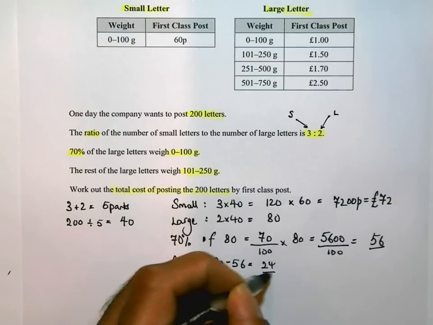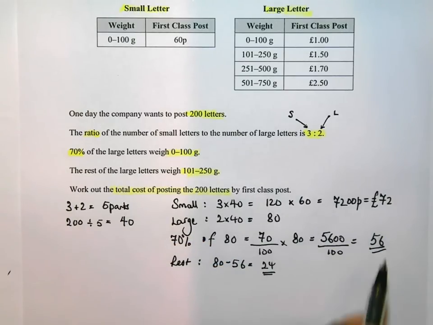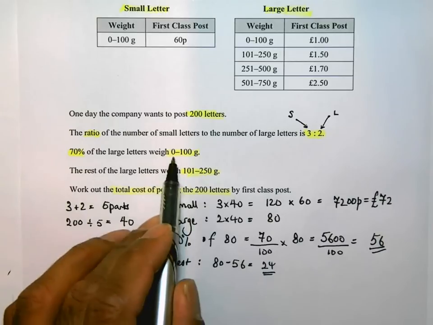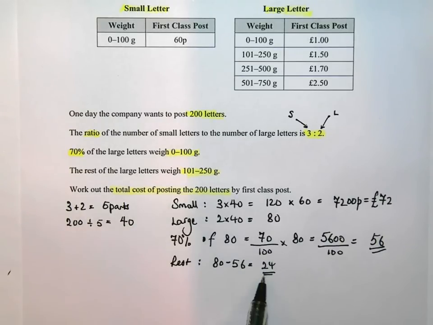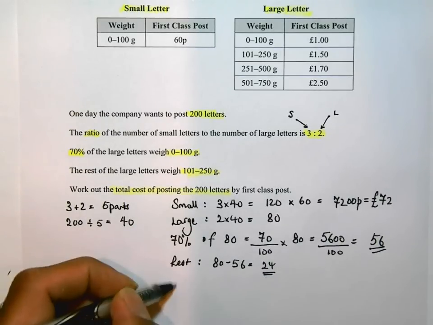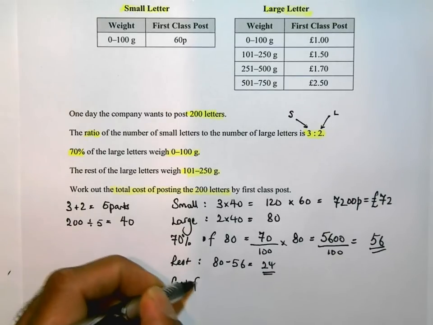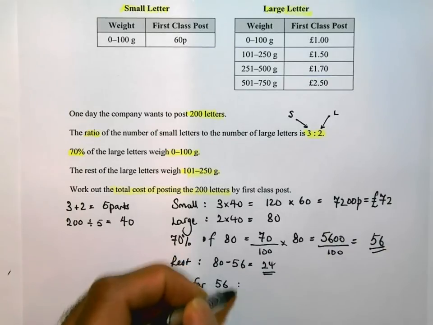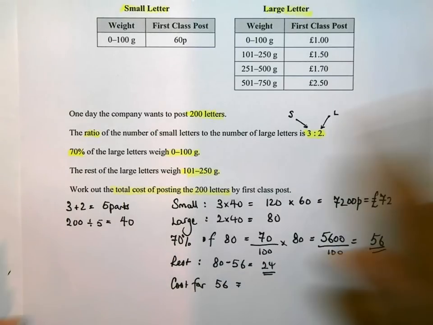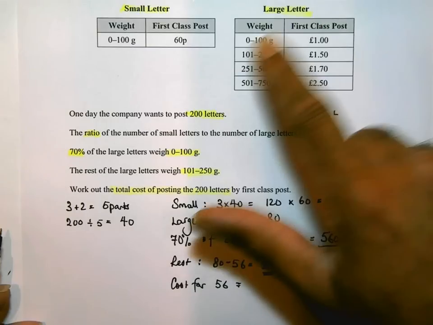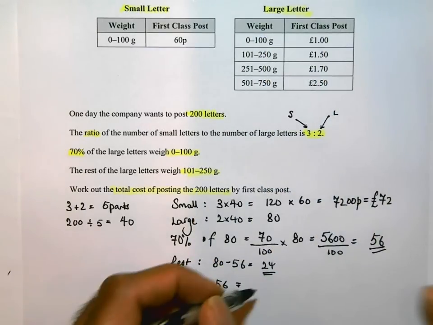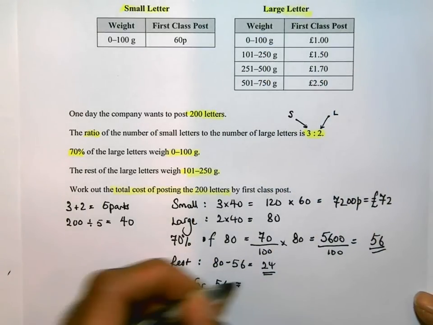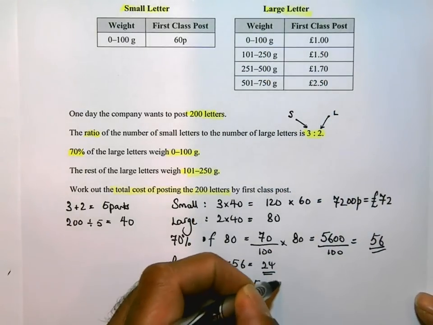So these 56 are going to cost a different amount to these 24. So the cost for the 56 is going to be, if I go to my table, for large letters, 0 to 100, they each cost £1 each. So that's going to be 56 times £1, which is going to be 56 pounds.